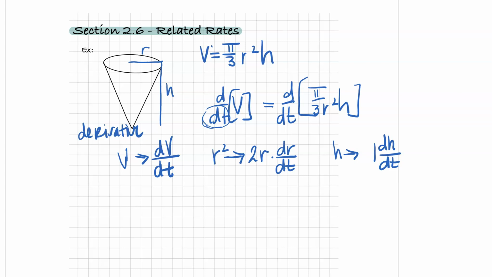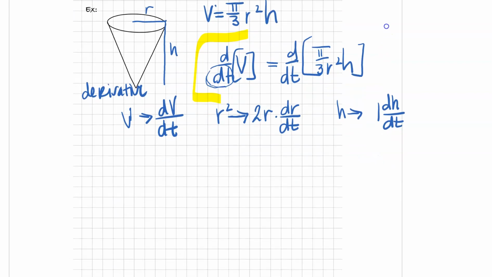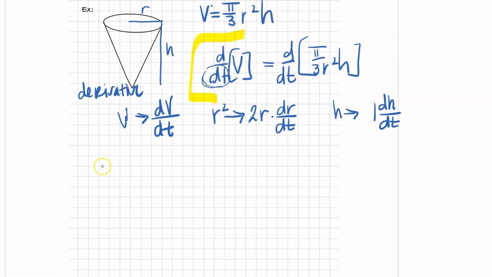So now if I take the derivative of both sides of this function with respect to time, this would be equal to dV dt, the derivative of V with respect to t. Pi over 3 is just a constant or a coefficient, so it's going to stay out front.